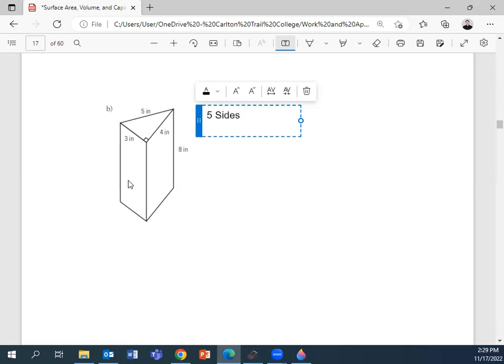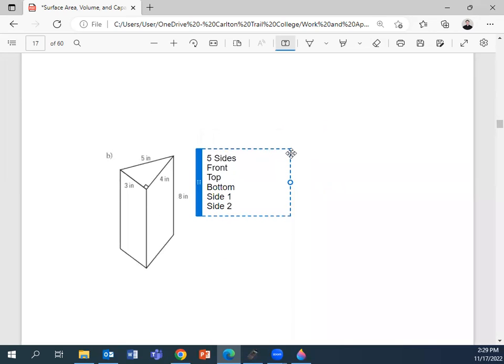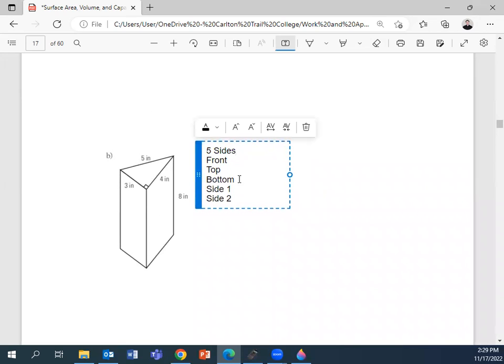So maybe I could say the front, the top, the bottom, and there's also side 1, the invisible one, and side 2. Just because there's not really a back, it's a triangle. But cool, I have my 5 sides here, right?